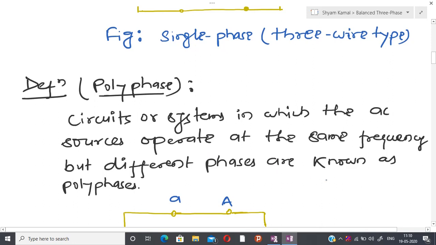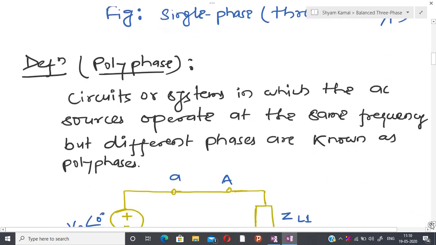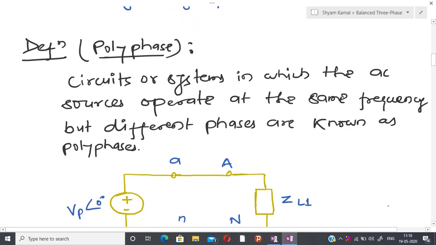So let us see the next definition, and the next definition is the definition of polyphase. And what is the meaning of polyphase?